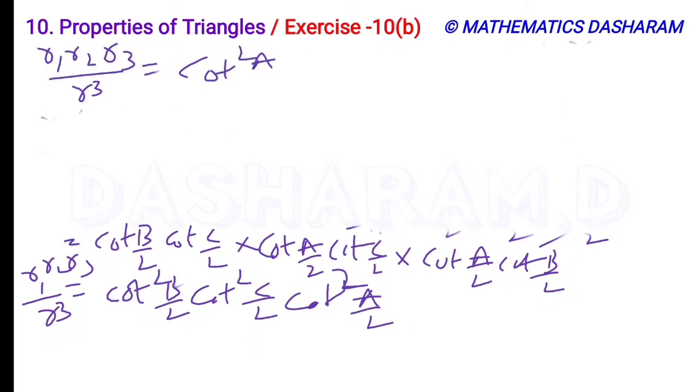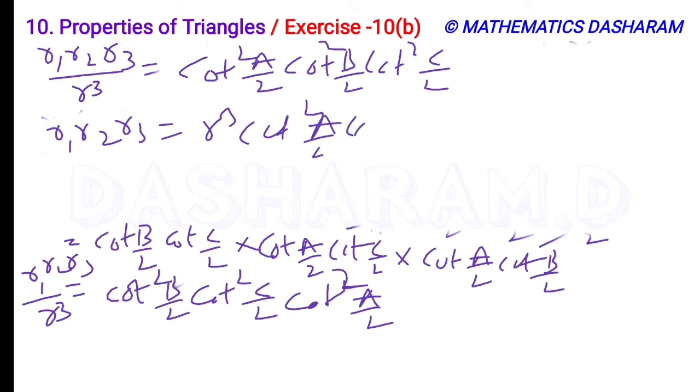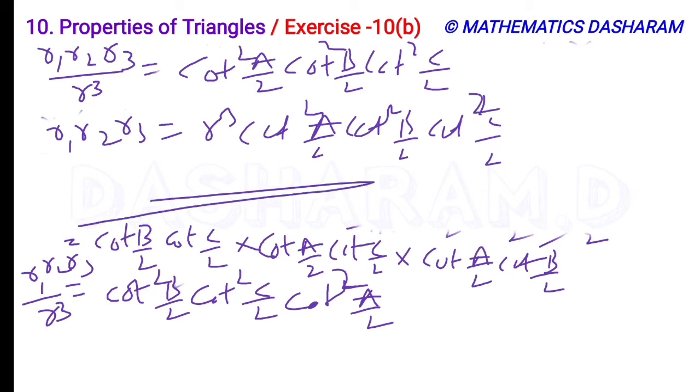Now write the terms in the proper order: cot square A by 2, cot square B by 2, cot square C by 2. Now R cube transposes to the right side, so R1 into R2 into R3 equals R cube into cot square A by 2, cot square B by 2, cot square C by 2. So this is our required answer.